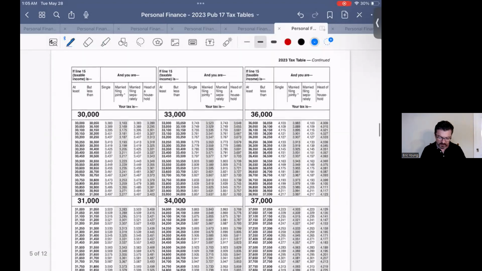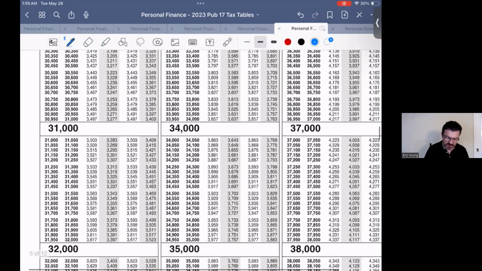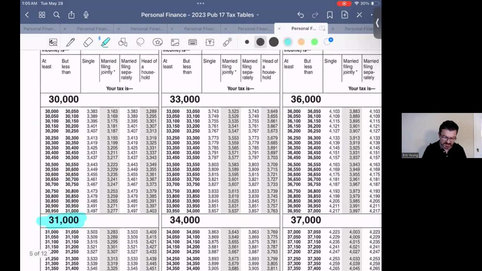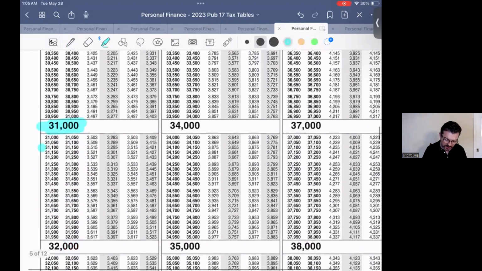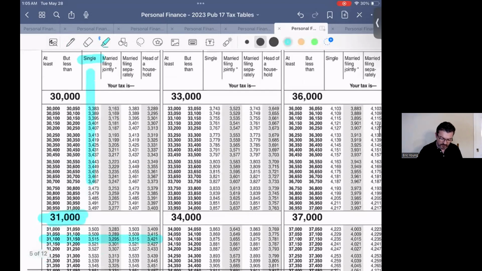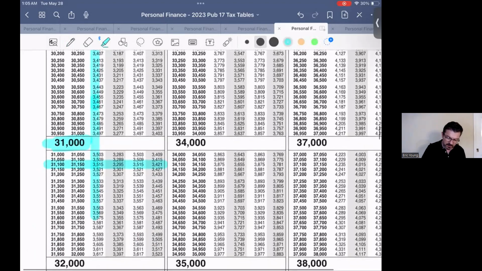You simply scroll to 31,100. Here's the 31,000 block. We said that your income is 31,100, so it's at least 31,000. So that's right there. And we said that you're single, so that's right there.